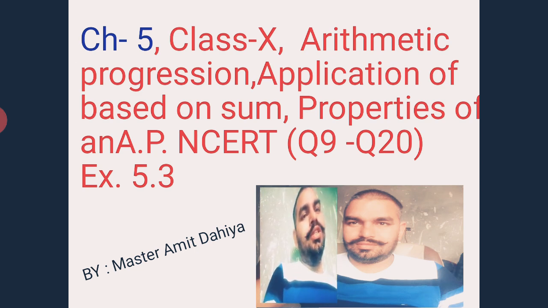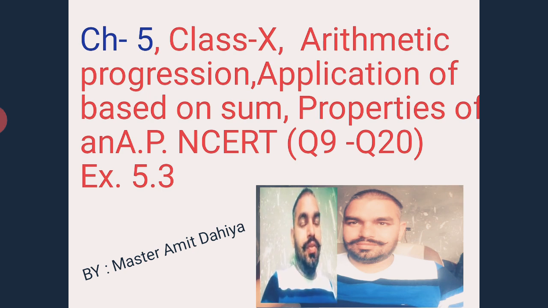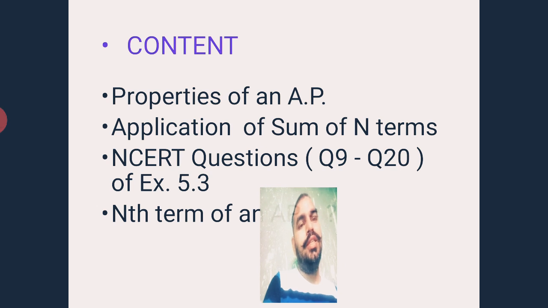We are going to learn the arithmetic progression chapter 5 exercise 5.3 question number 9 to 20. In these slides we will see how to apply the sum of first n terms on the questions, how to use nth term of an AP to find the sum of n terms.